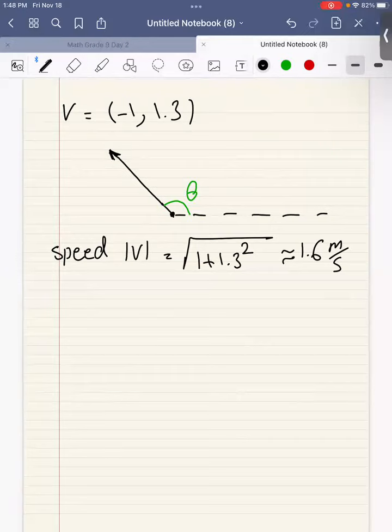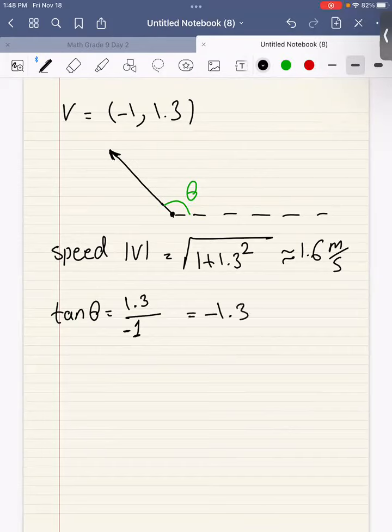This is the speed. What about theta? So we know that tangent of theta is equal to what? 1.3 over 1, over negative 1, yes. Okay, so it's minus 1.3.